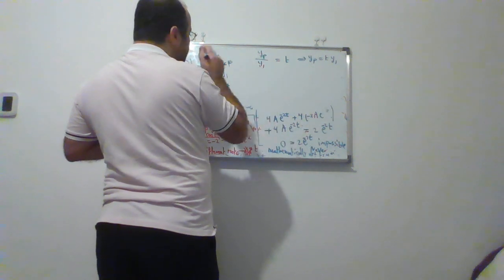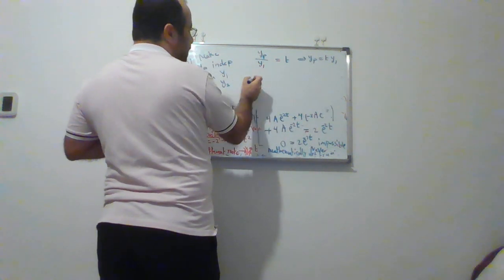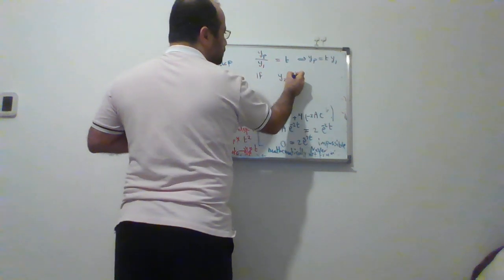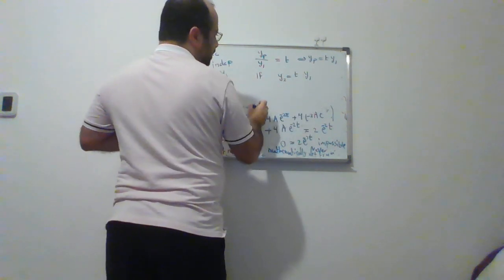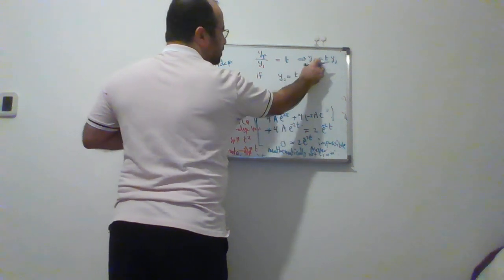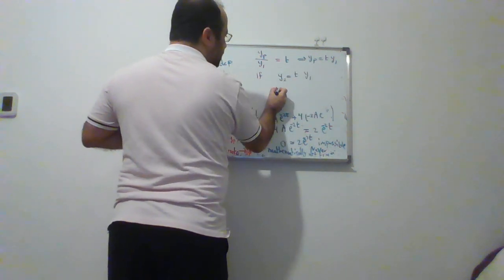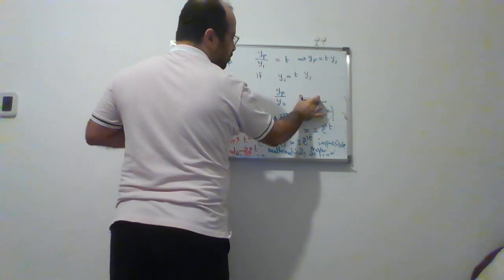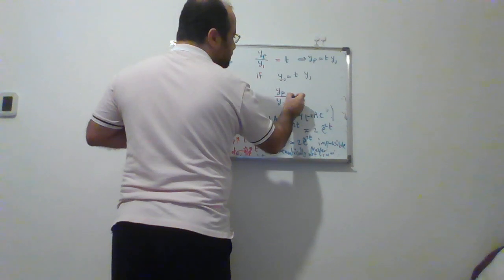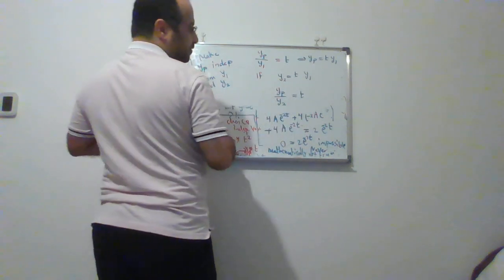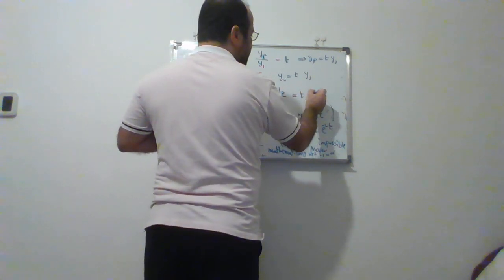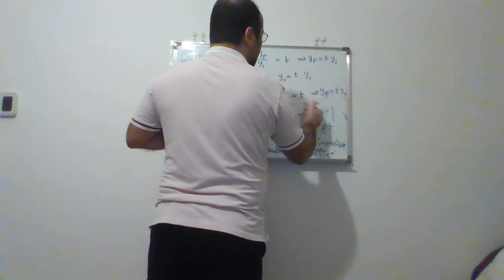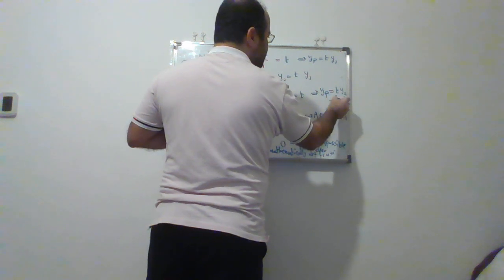But if it is also happening that y2 equal to t times y1, then y particular over y2 will be a constant. Then I need this to equal another t, right? Then you will get y particular is t times y2, and you get t squared times y1.